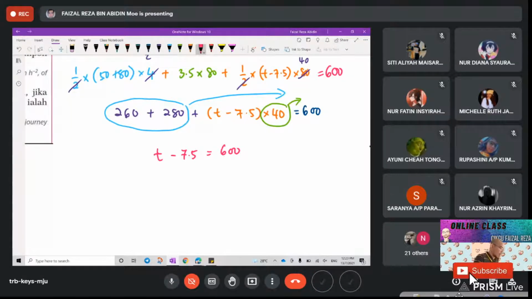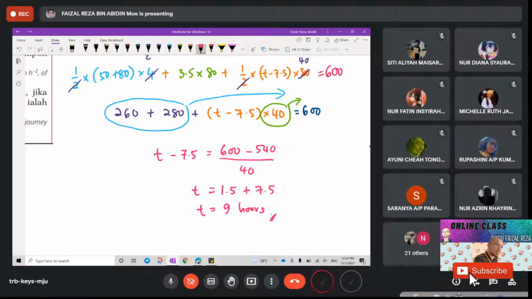This one, 260 plus 280, is going to be equal to 540, divided by 40. So 600 minus 540 divided by 40, I'm going to get 1.5 over here, and then plus 7.5, so I'm going to get my t here is 9. 9 what? 9 hours. That's going to be my t.